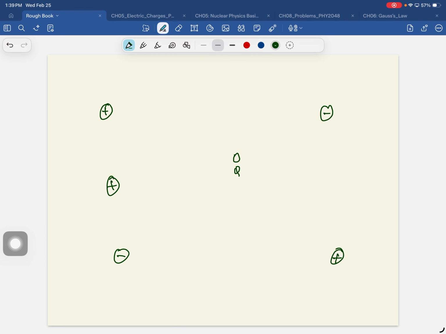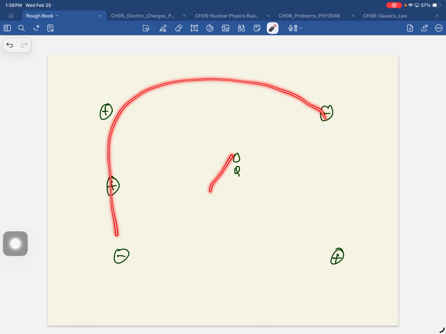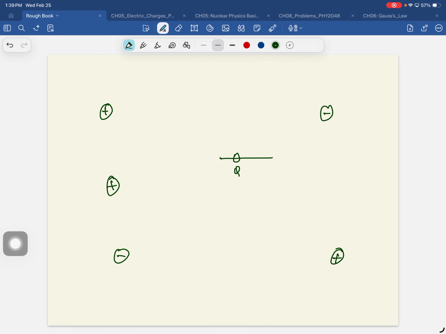So let's say here is your charge, and we want to know what the effect of these guys is on your charge. Well, how do we figure that out? What you have to know is what is the electric field at this point. So if the electric field is at that point, the force on your charge is your charge times the electric field.